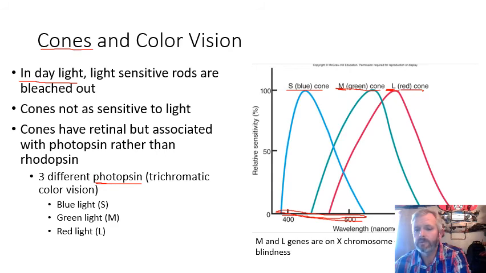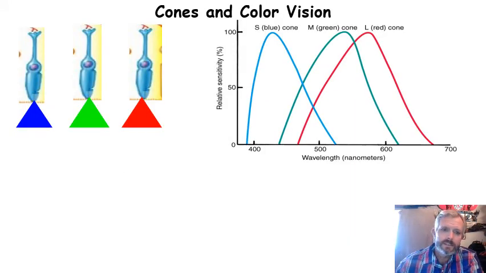So how do we put this together? This is what we call trichromatic, 3-color vision. By what cones are being stimulated and by how much, we can merge those signals together to give us the various colors that we see. So how does this all operate?